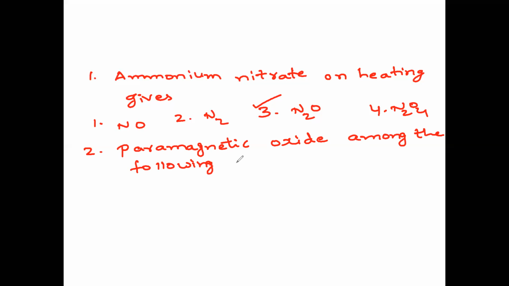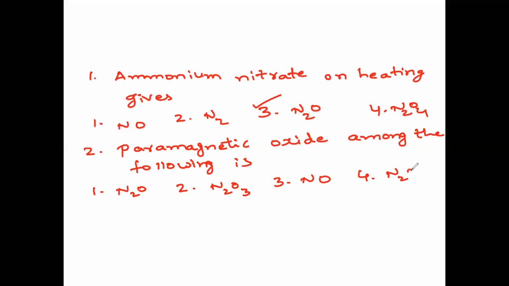Paramagnetic oxide among the following is: option 1, N2O, option 2, N2O3, option 3, NO, and option 4, N2O4.